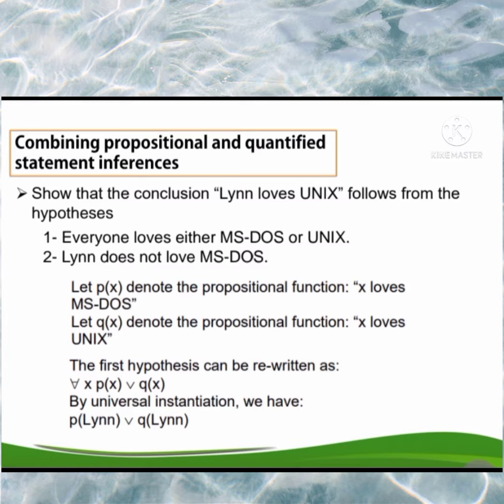Let P(x) denote the propositional function x loves MS-DOS. Let Q(x) denote the propositional function x loves Unix. The first hypothesis can be written as for all x, P(x) or Q(x). By universal instantiation, we have P(Len) or Q(Len).